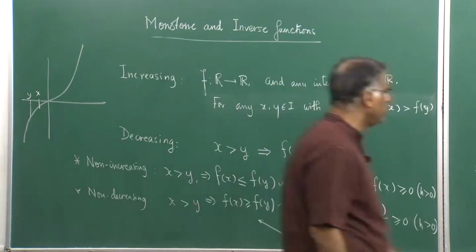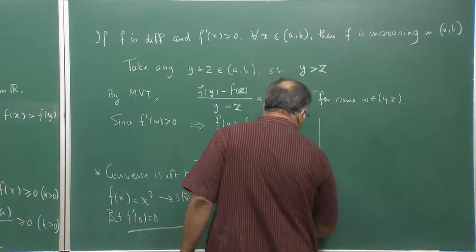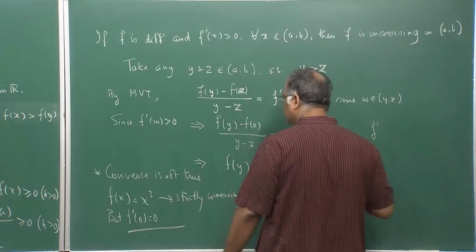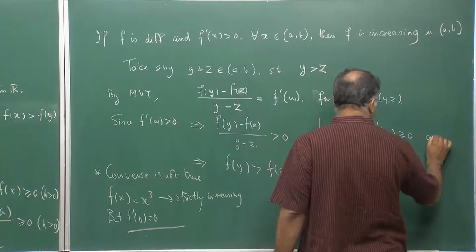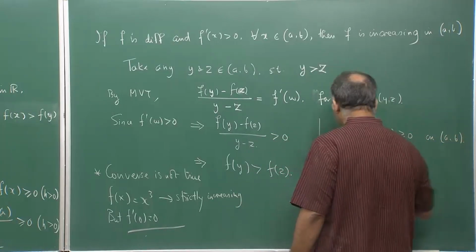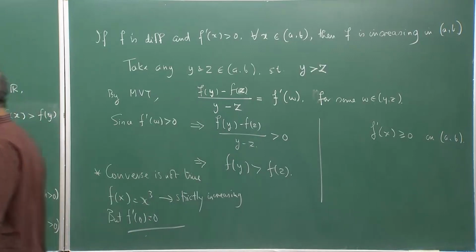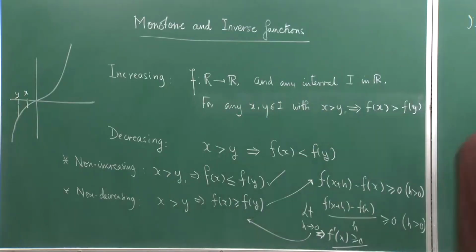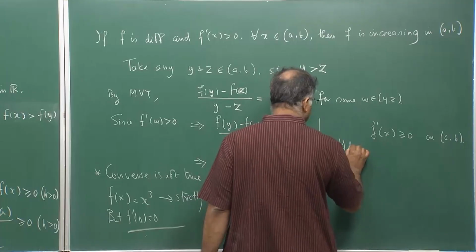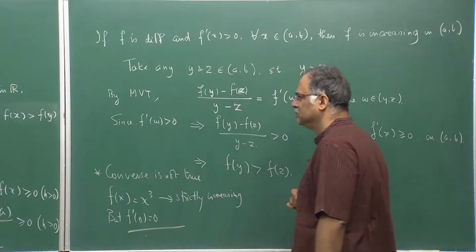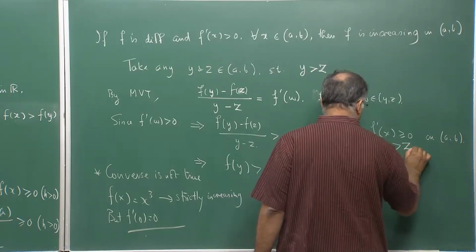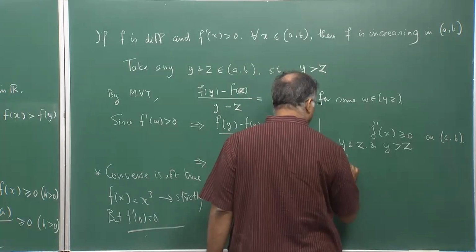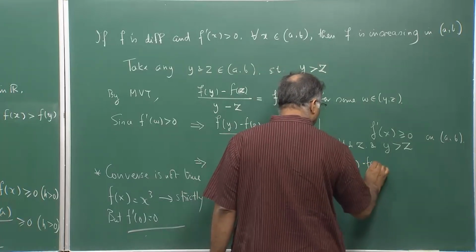Again the mean value theorem would be helping. Suppose on an interval I know that f dash x is greater than or equal to 0, say on interval a b. Now you take any points y and z such that y is strictly bigger than z. Then again apply the mean value theorem.